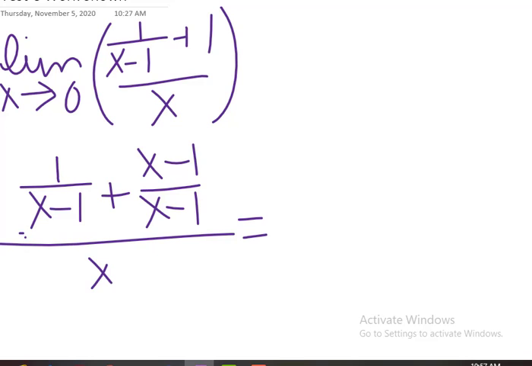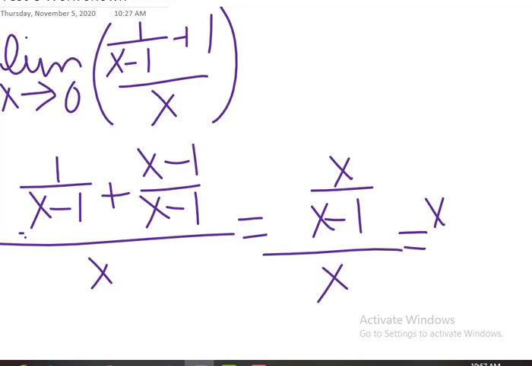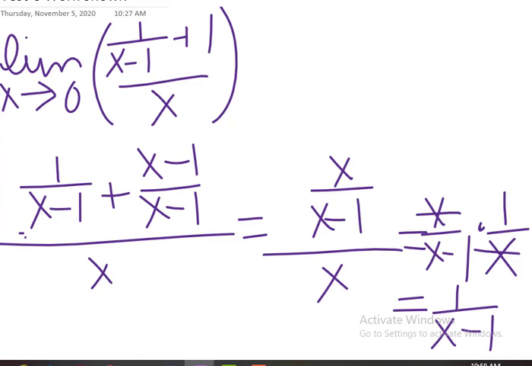After simplification, that gives me x over x minus 1 all divided by x. Now to finish simplifying this, I'm going to say this is x over x minus 1, and then to divide by x, I multiply by its reciprocal. And the reciprocal would be 1 over x. You'll notice now that we can simplify, and what we end up with is 1 divided by x minus 1.